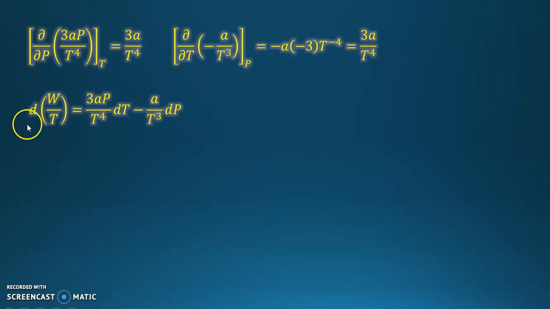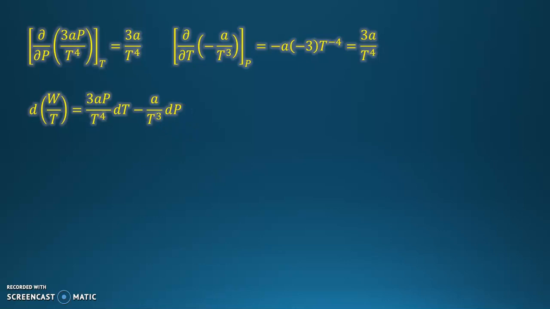Now we have in here our original differential equation. We've proved that this part is exact, so we can solve this differential equation. In order to do that, we know that we have a function.